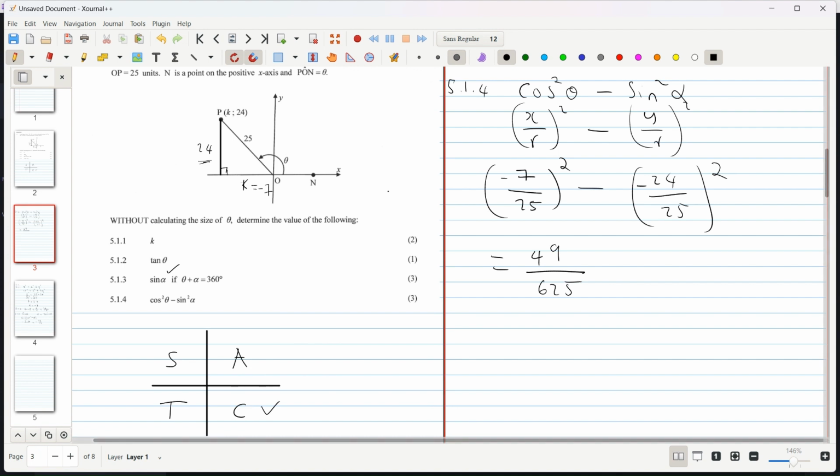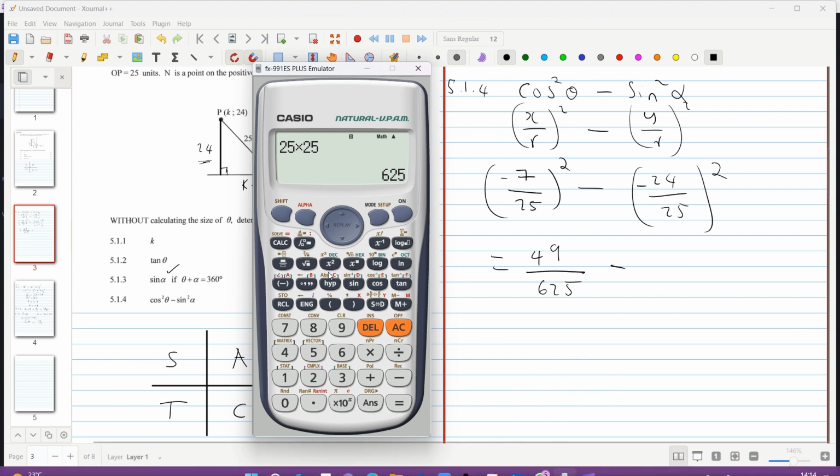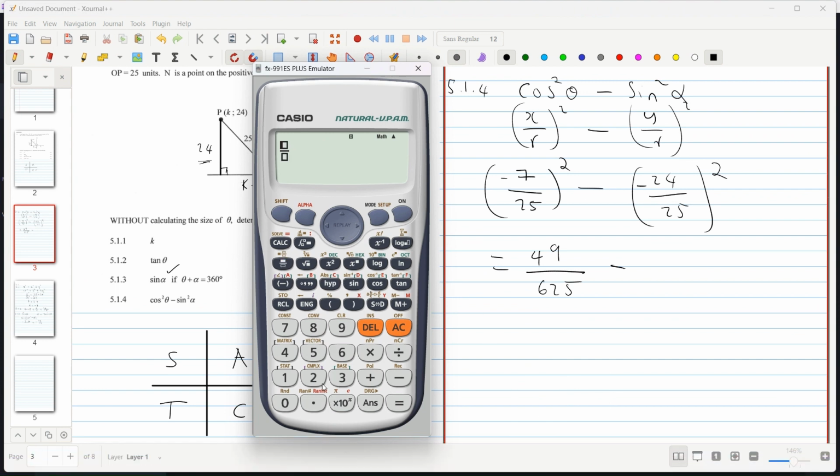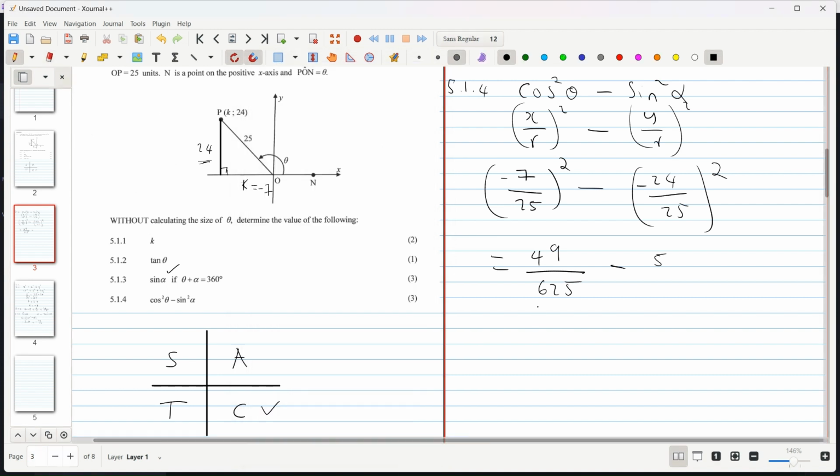And then here minus 24. You need to square 24. You just need to show everything. You square this and you get 576, and then this one becomes 625.